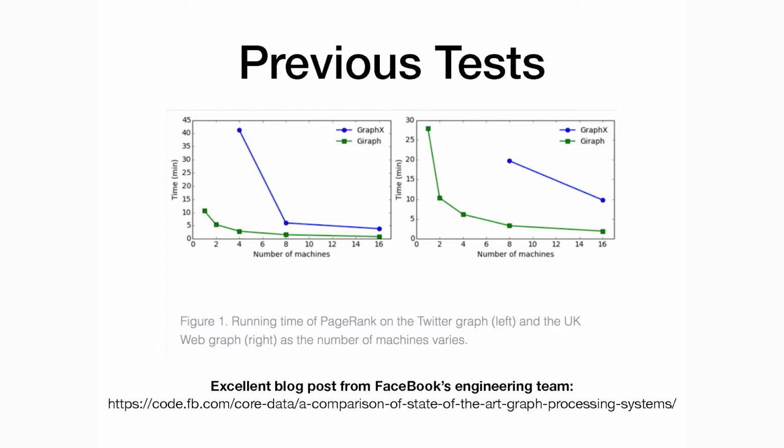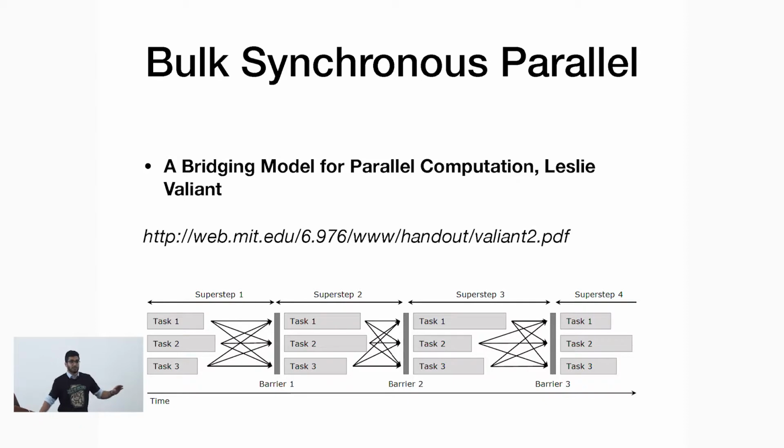So I try and pull things back one level. I try and see what is something common between all these frameworks. Now, if you haven't heard of this term before, and it seems a little complicated, I promise you by the end of this, it won't be. So some time ago, there was a guy named Leslie Valiant.